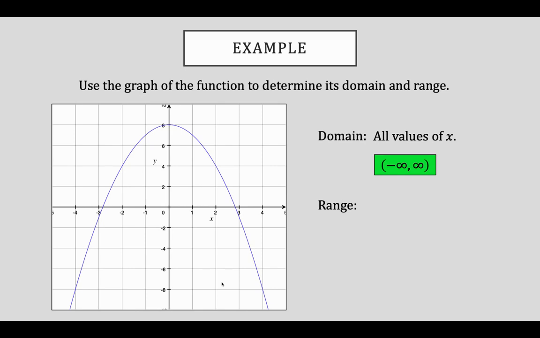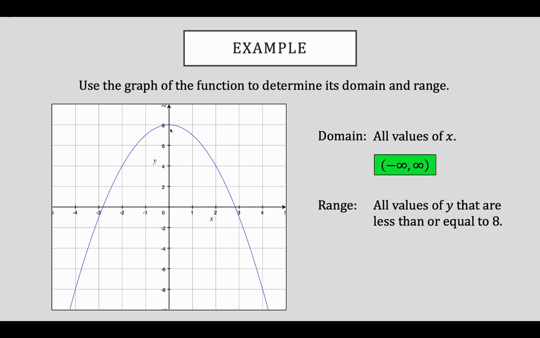Now, the range. The range has to deal with all of the y values. How far down does this graph go? On both sides of this function, the graph continues to go down and down forever. In other words, it's going to continue down to negative infinity. And how far up does the graph go? The highest y value is at y equals 8, the vertex of this parabola.